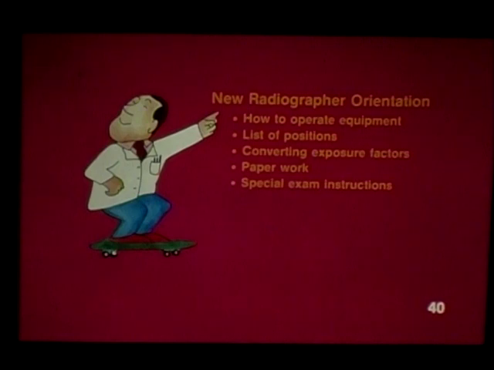The orientation of new radiographers should cover instructions on how to operate the equipment, a list of the positions requested for routine and special procedure examinations, the preferred system for calculating or converting exposure factors, instructions on filling out departmental paperwork, and pertinent information about preparing for special examinations and assisting the radiologists. This information may be incorporated in a radiology orientation handbook and should be reviewed with the individual soon after employment.